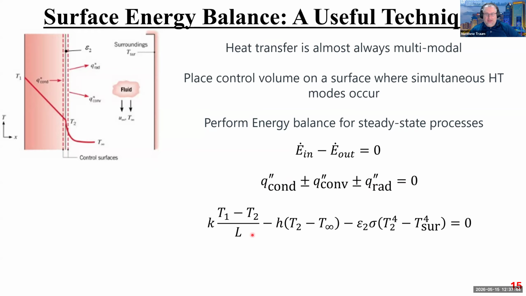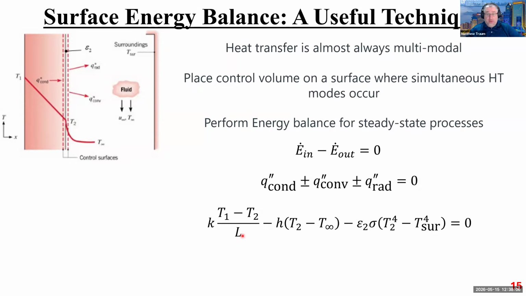And then we haven't seen these equations yet, but we will in a moment. There is a kind of standard conduction equation, which is this. There's a standard convection equation, which is this. And then there's a standard radiation equation, which is this. And you just plug in those standard equations into this energy balance. It's still equal to zero. And now you could start seeing how you could solve for temperatures, right?